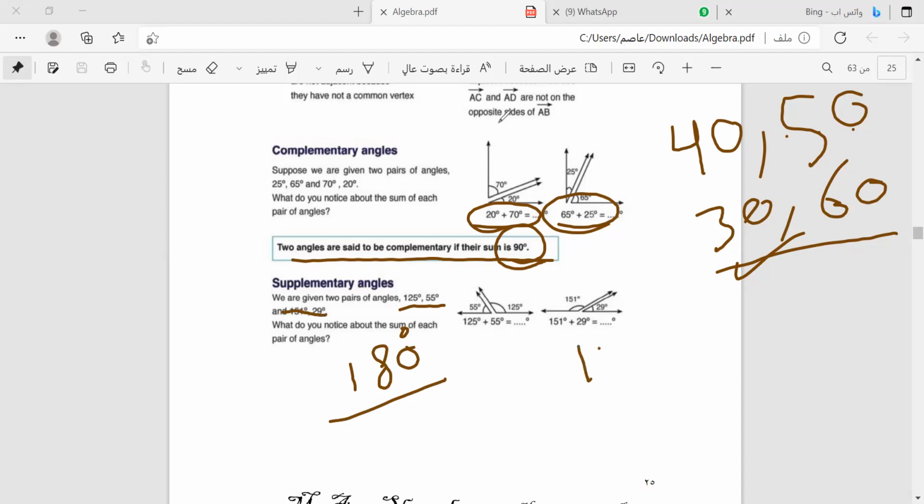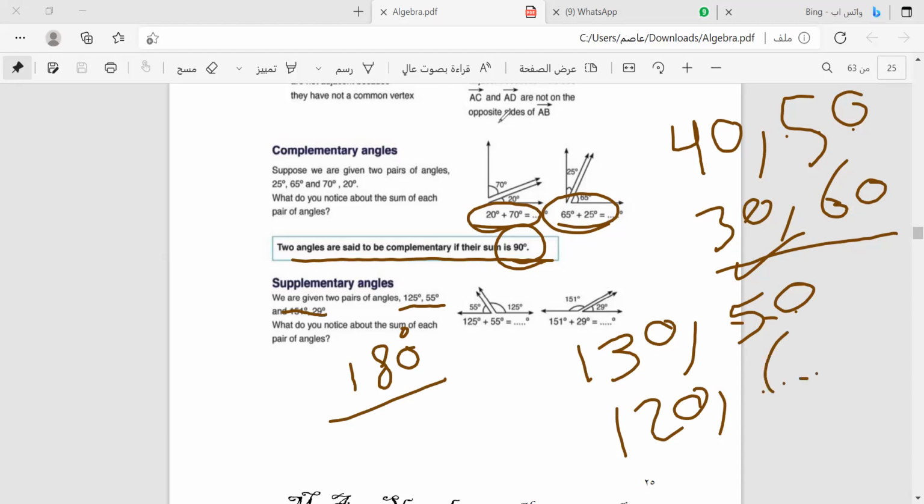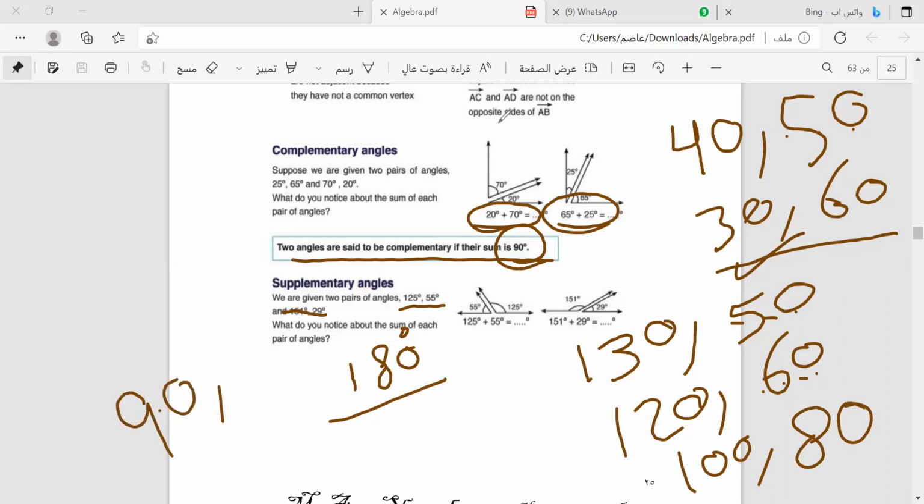Who can tell me 130 and what to be supplementary? 50. 120 and 60. 100 and 80. 90 and 90.